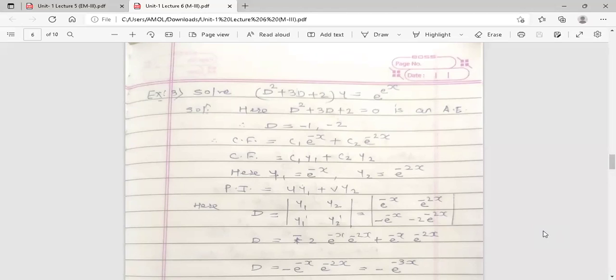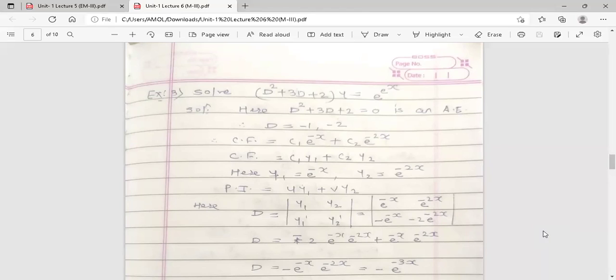So here all the methods to find the particular integral are over. We discussed three methods: general method, shortcut method, and third is the VP method, method of variation of parameters, to find the particular integral, meaning to find the remaining half solution of the linear differential equation with constant coefficients.